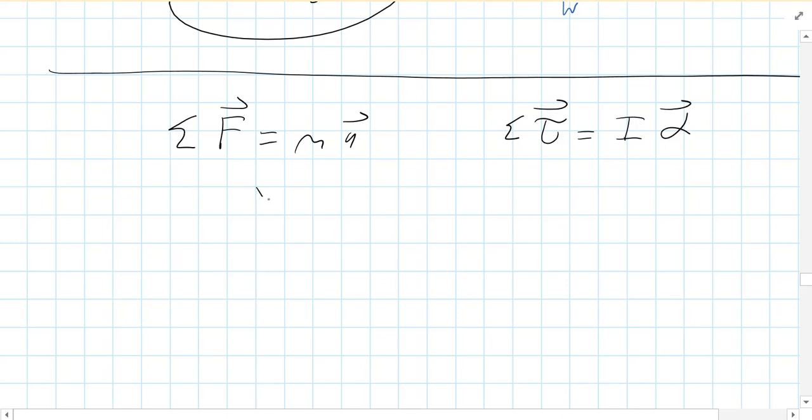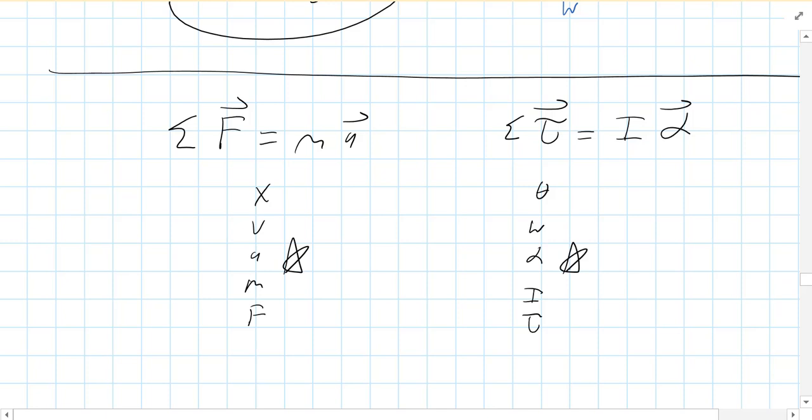In a linear system, you have x, velocity, acceleration, mass, and force so far. In an angular system, you have theta, omega, alpha, but now we have moment of inertia and we have torque. So any equation that you would use these in, there's going to be an analogous equation where you just replace them with these. And that basically works every time.